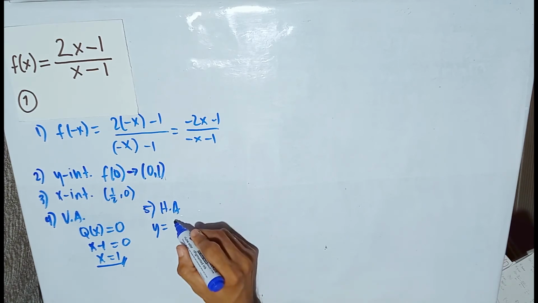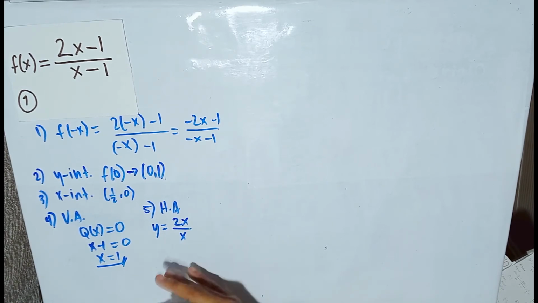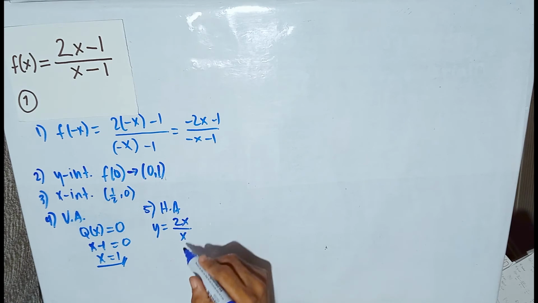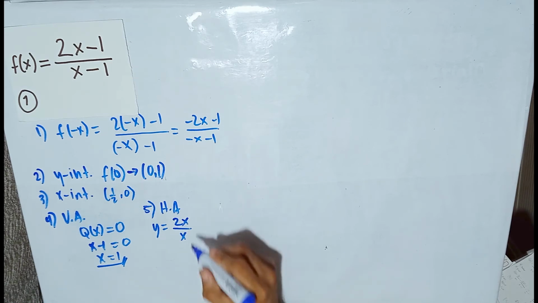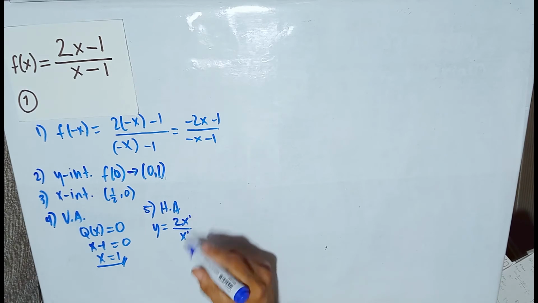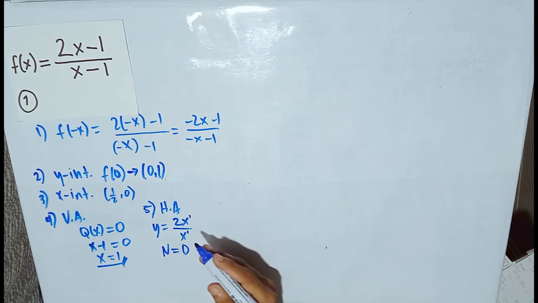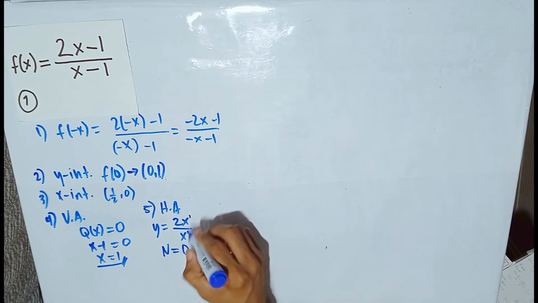So meron tayong 2x sa numerator, meron din tayong x sa denominator. Nasabi natin na 2x at x yung mga highest degree because their exponent is equal to 1. And also they are the same, so they are equal in terms of their degree.